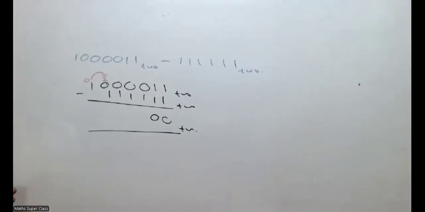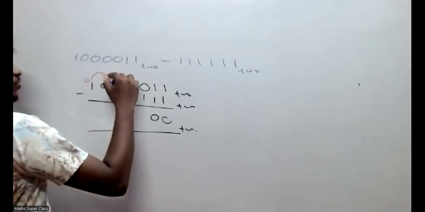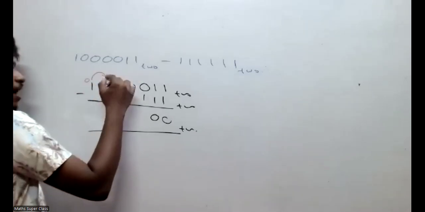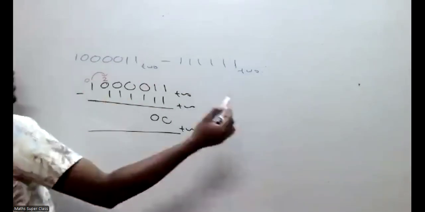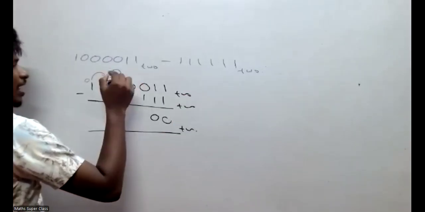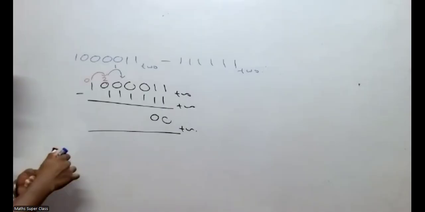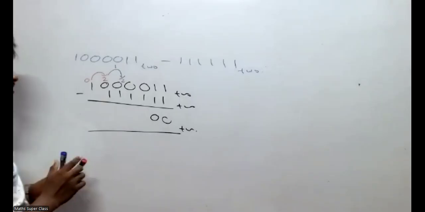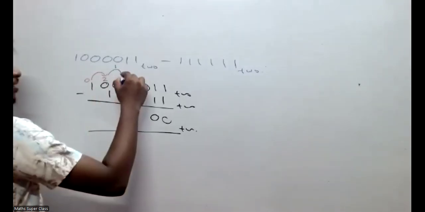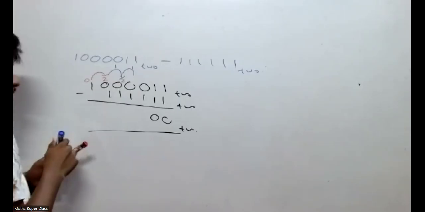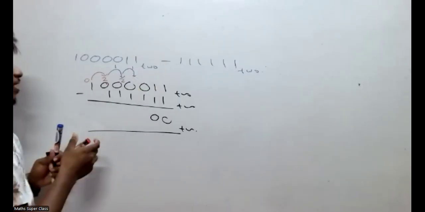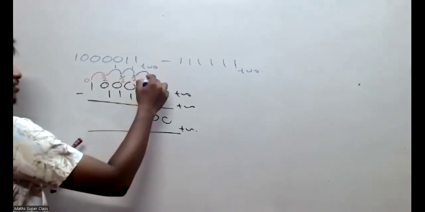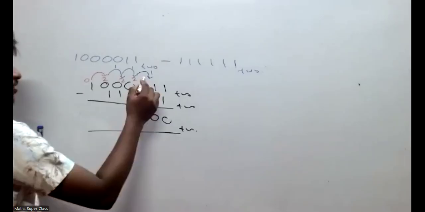Now what happened? I am taking 1 from these 2. I'm not getting these 2, I'm taking only 1 from these 2. But it becomes 2. Again I'm taking 1, but it also becomes 2. Again I'm taking 1, and it becomes 2.